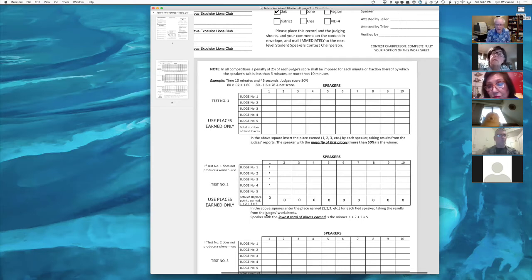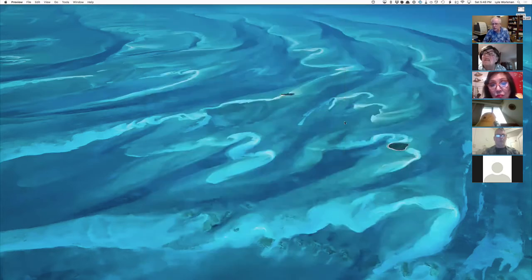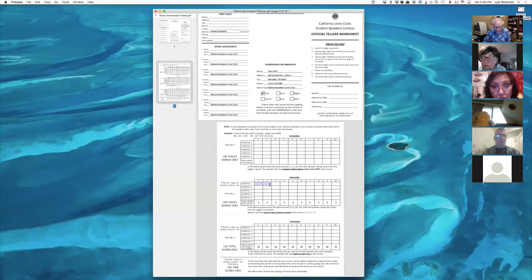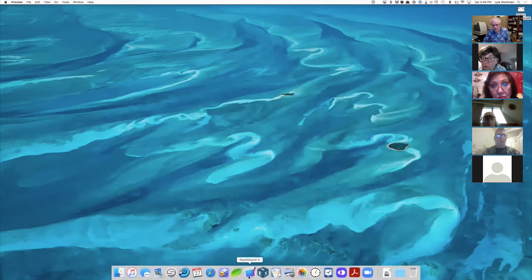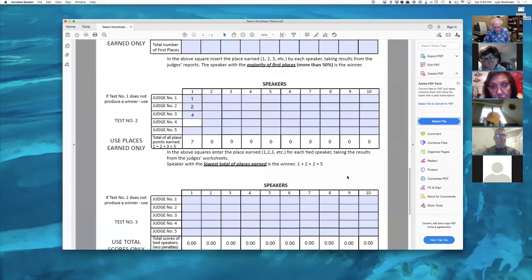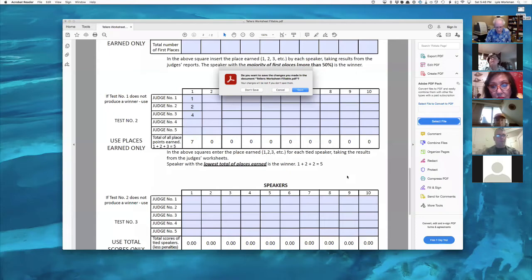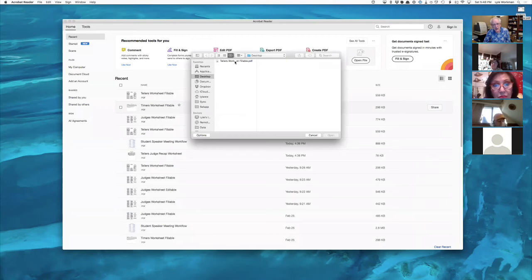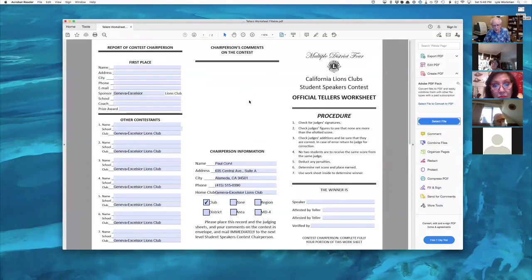Now, if I were to close this, I'll erase all the numbers, and I'll close it, and then I'll open it again. What's going to happen is, well, sorry. Let me go back to Acrobat. I'll open that same file that I used in the other program.